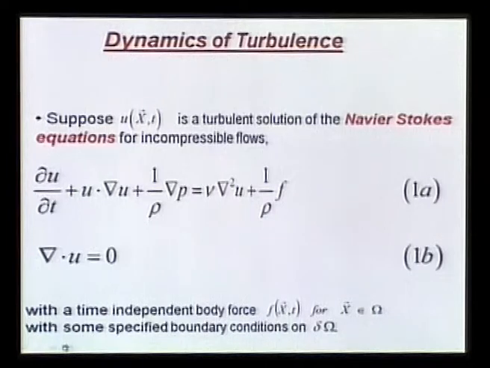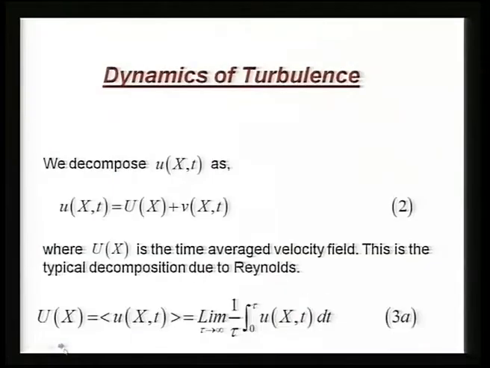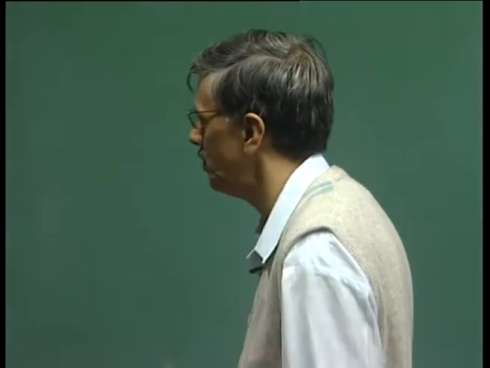Okay. So, this is what we have. So, this is your problem statement. Now, once you have this, we need to find out how the solution of these equations can describe those features of turbulence that we talked about.